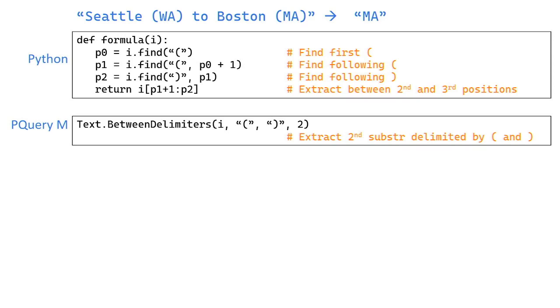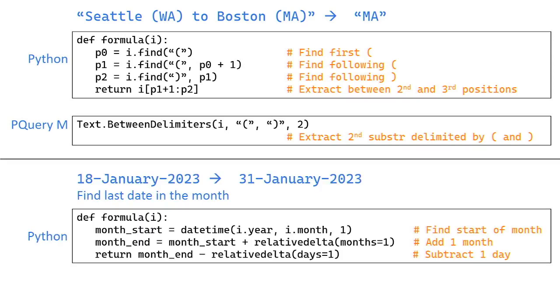You want to use this function. Similarly, here's another case where I want to find the last day of a month. A very good way of doing this in Python is to find the first day of the month, add 1 month, and subtract 1 day. That's the easiest way I could think of writing this function.